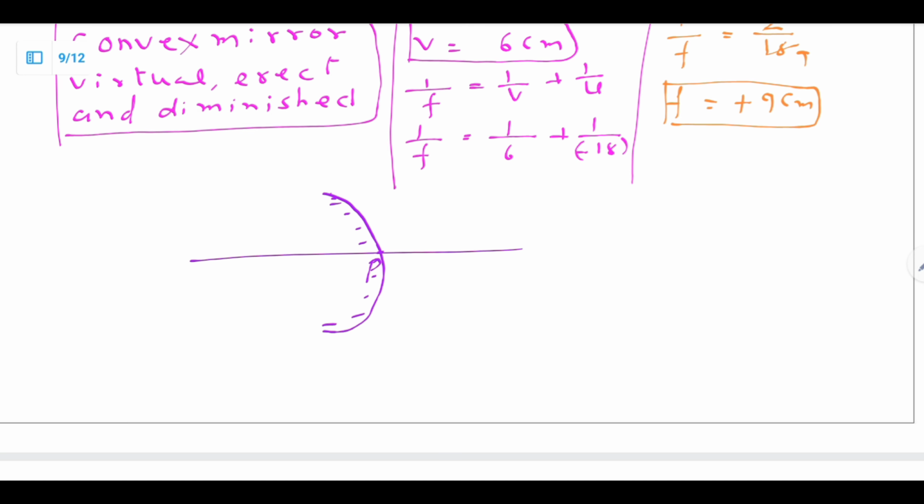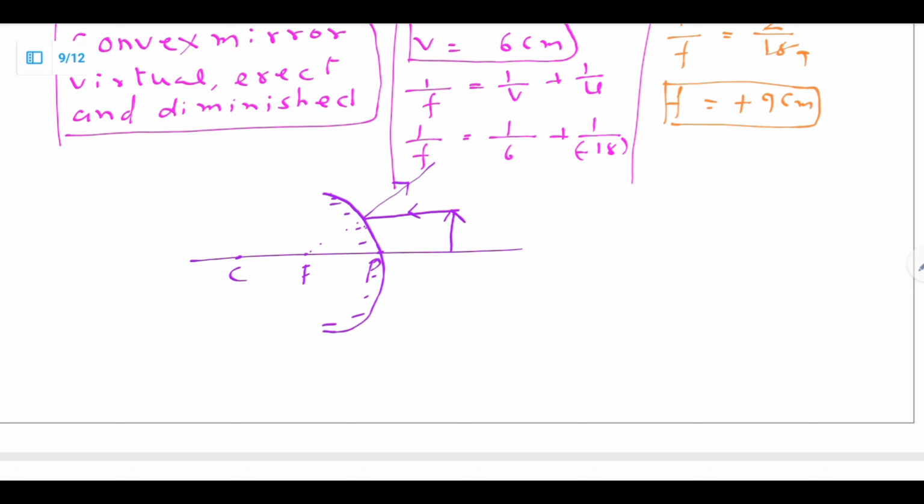Pole, focus, center of curvature. You can place the object anywhere on the principal axis. If the light ray is incident parallel to the principal axis, it diverges, seeming to reflect from the focus.